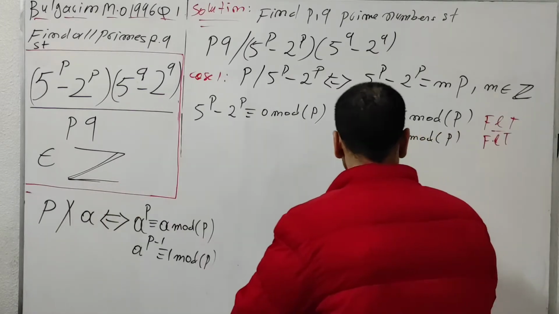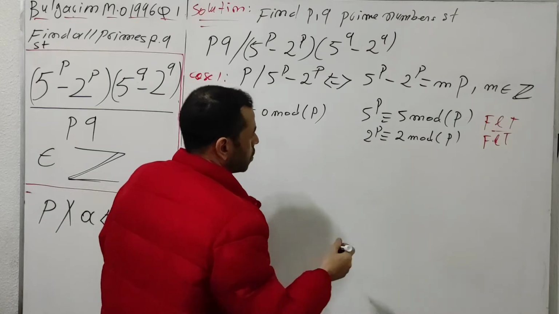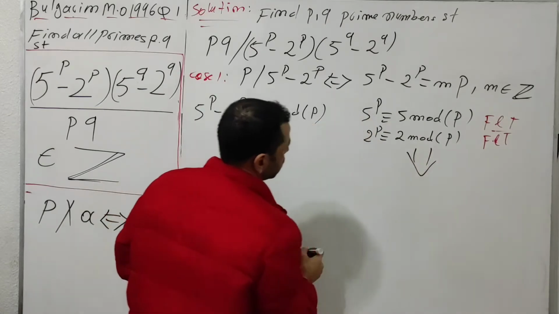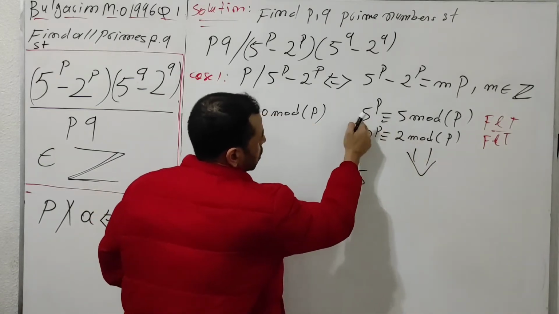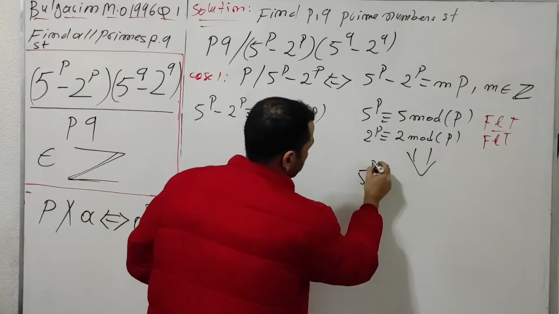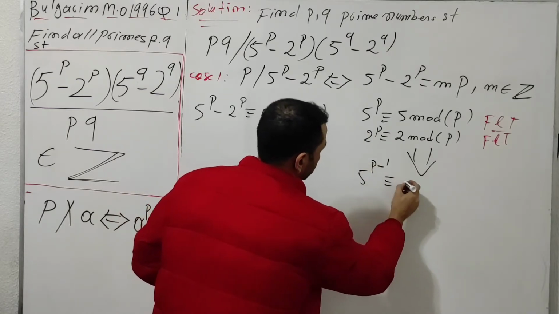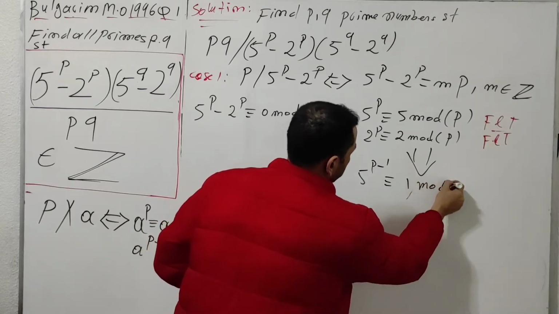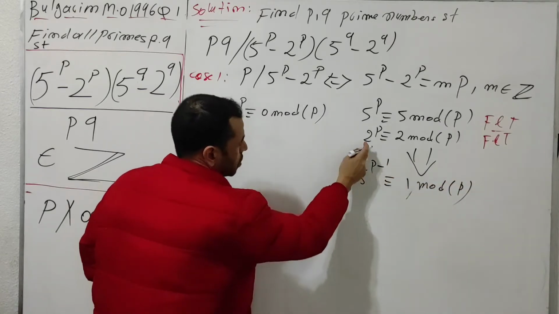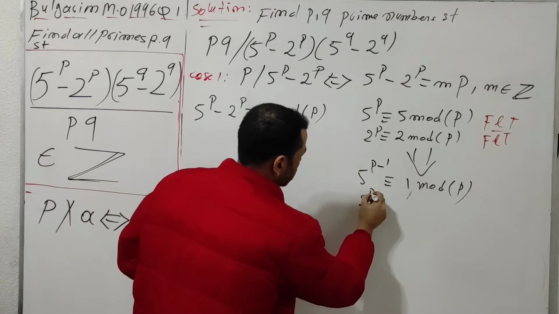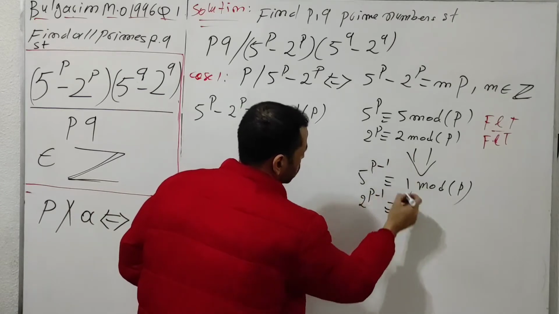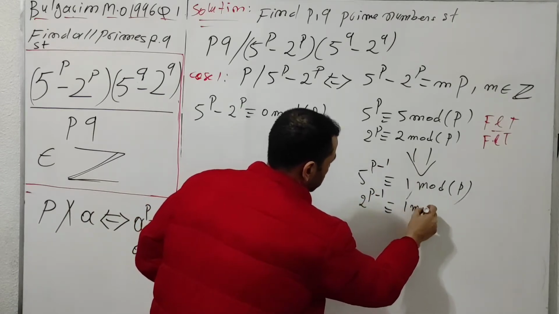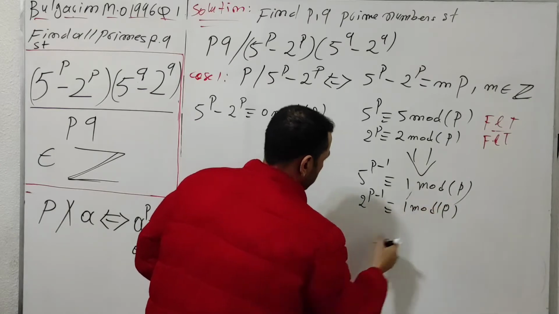Or the same thing, dividing both sides by 5, we get 5^(p-1) congruent to 1 mod p. Same with the second statement: 2^(p-1), dividing both sides by 2, gives 1 mod p.